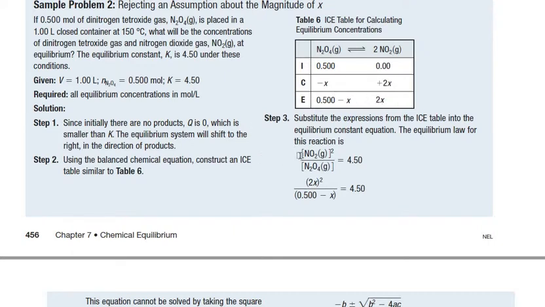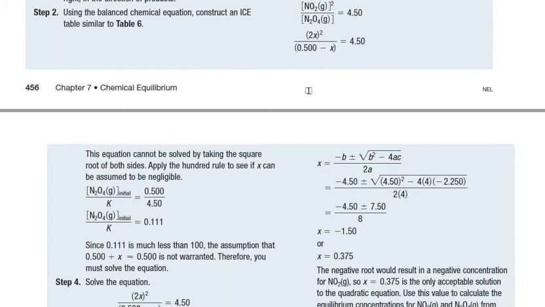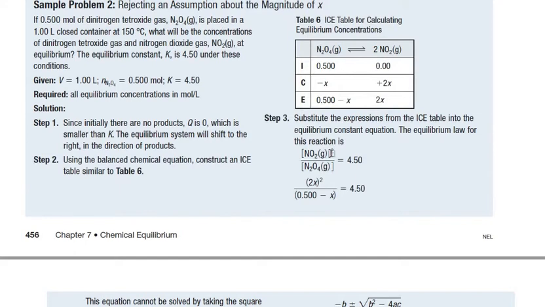Then K is NO2 to the power of 2 divided by the concentration of N2O4. So NO2 squared divided by N2O4 equals 4.5, because the K value is given. NO2 is 2x, so it's 2x to the power of 2 divided by 0.5 minus x to the power of 1.